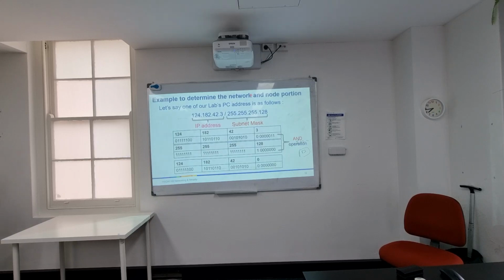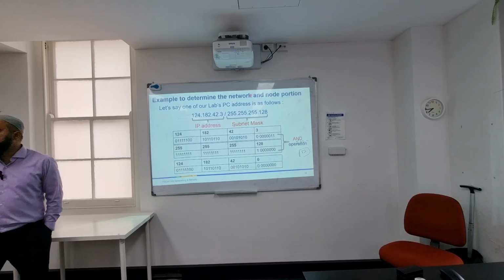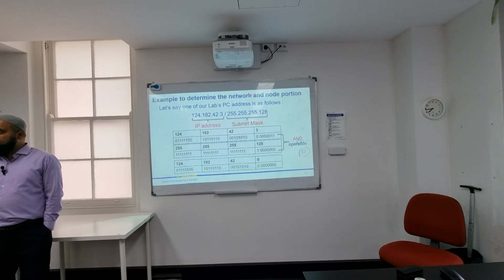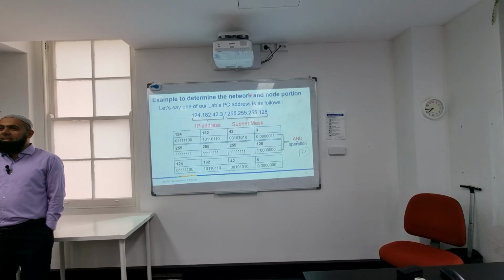Can anyone tell me why we are interested in the network address? What was the main aim initially when we started the lecture today? From one network to communicate to another network, we need the network. Yeah, so what are the 3 things we have discussed? IP address, local router's IP address.